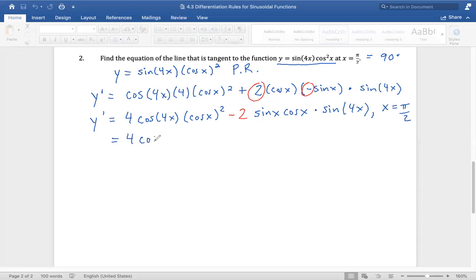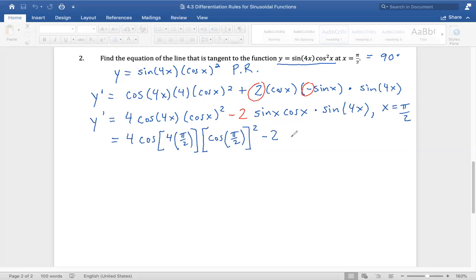4 cos of bracket 4 times now x, pi over 2, multiplied by, we'll do another square bracket, cos of pi over 2, but then close the bracket and then square it, right?